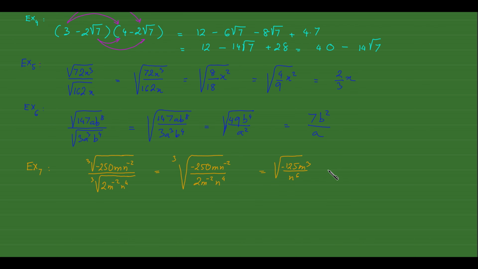And negative 125, I can split it up into negative 25 and 5, right? M to the third, I can split into m squared and m. And n to the 6 is even. So the radical 2 over here can go into 6, so we can apply the formula.